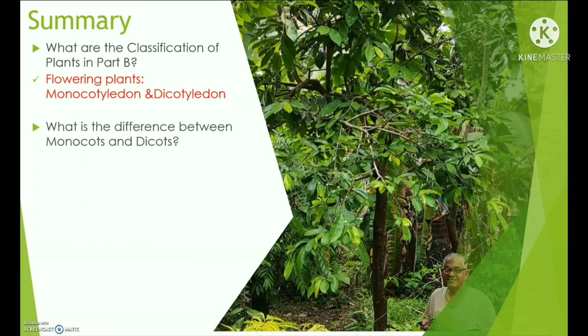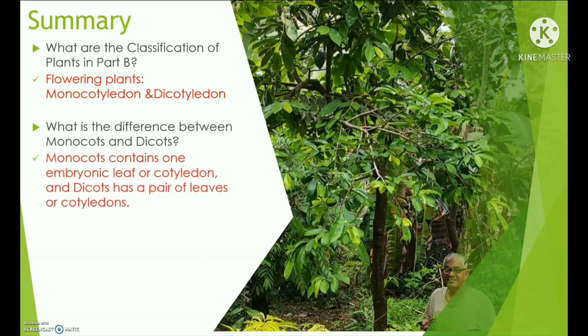Then what is the difference between monocots and dicots? Very good. Monocots contain only one embryonic leaf or cotyledon, while dicots have a pair of leaves or cotyledons.